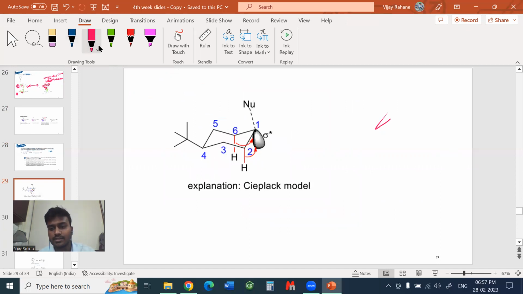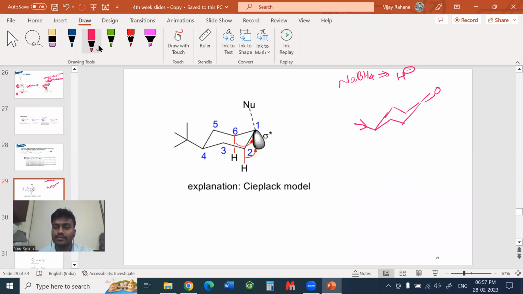See, once this cyclohexanone, right, this one, the hydride NaBH4 gives H minus, that hydride ion, which attacks axially or equatorially, right? So if hydride attacks axially, then the OH will go to the equatorial position.